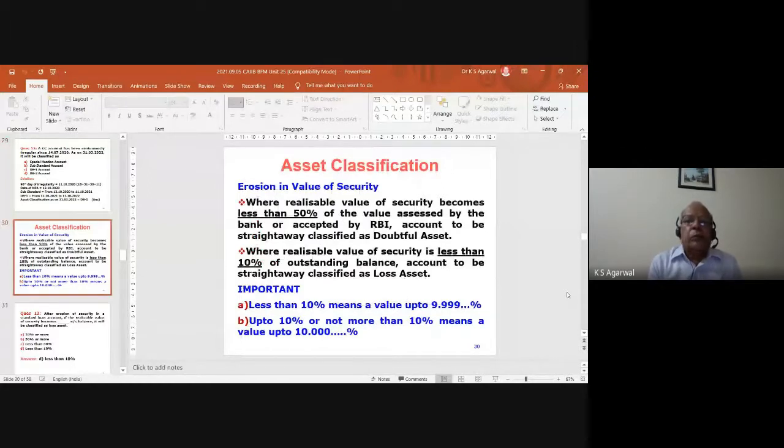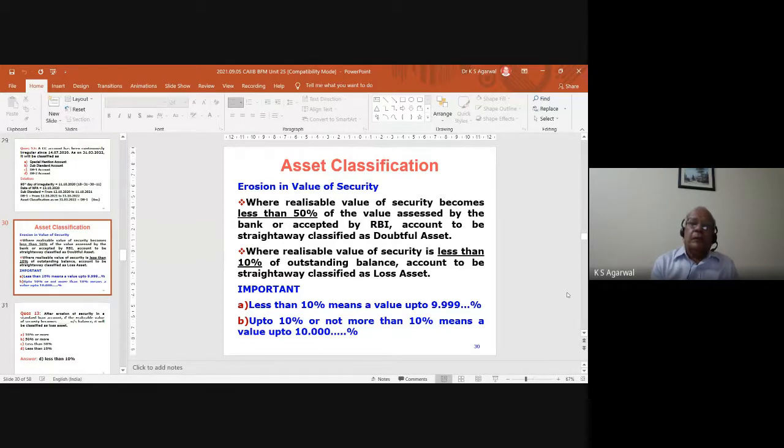So there is one more criterion when an account can become doubtful or loss. This is erosion in value of security. Wherever the realizable value of security becomes less than 50% of the value assessed by the bank or accepted by RBI, the account is to be straight away classified as doubtful asset.